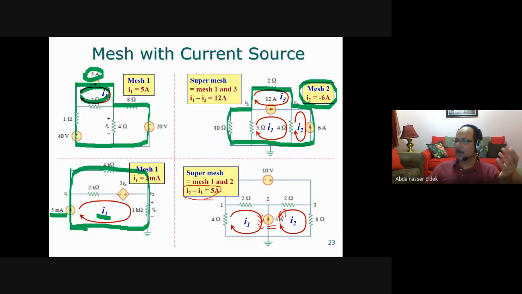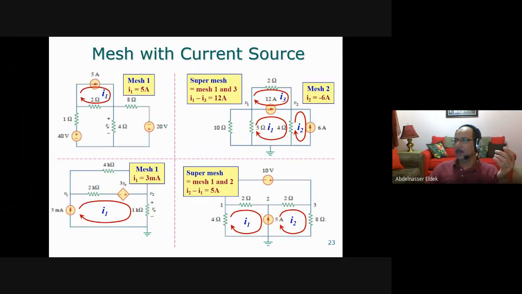Just look at the one in the top, this 12 ampere. Is it positive? It has the relation with I3 and I1. Is it I3 minus I1 or I1 minus I3? Let's see. I1 is clockwise. So here, of course, it's very clear that it is in the same direction as the 12 ampere.